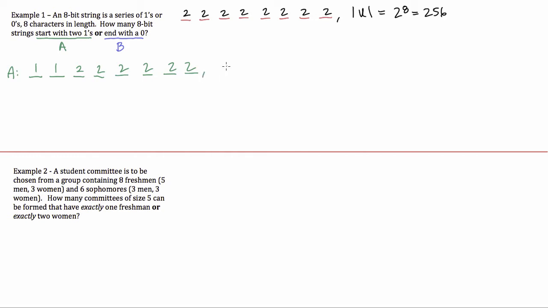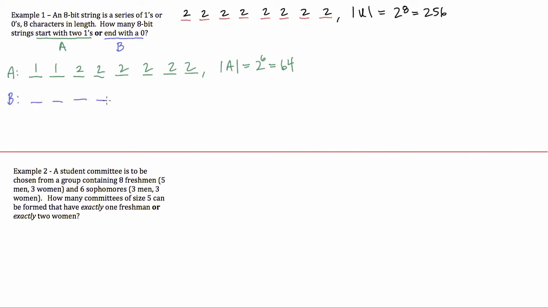That leaves a total of A having 2 to the 6 possibilities according to the multiplication rule. That's what we're using here. 2 to the 6th would be 64. So there are 64 total possibilities for the set A. Okay, the set B is the set that contains all the strings that end in 0.